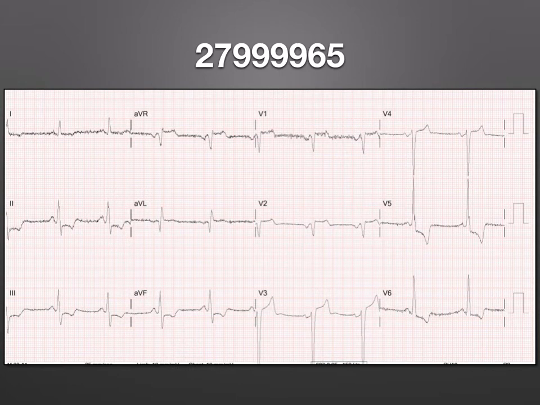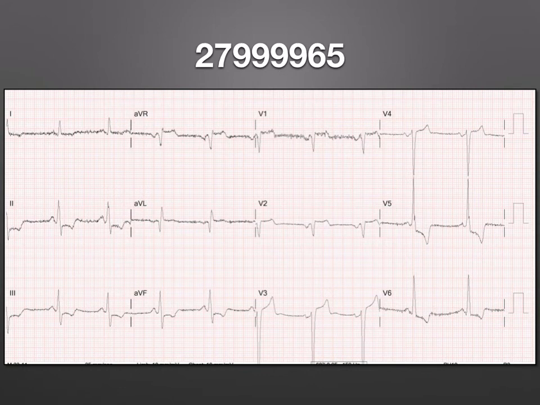Again, I just want to reiterate, for us to call a code STEMI in Marble Falls or Williamson County, just like for me to call a code STEMI in the emergency department, we need to have two things. It is the summation of the story and the ECG. It's both. It's not one without the other.